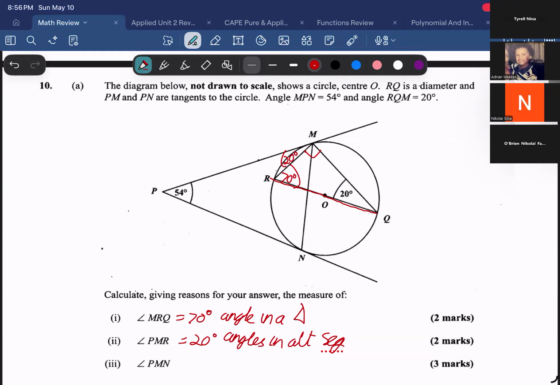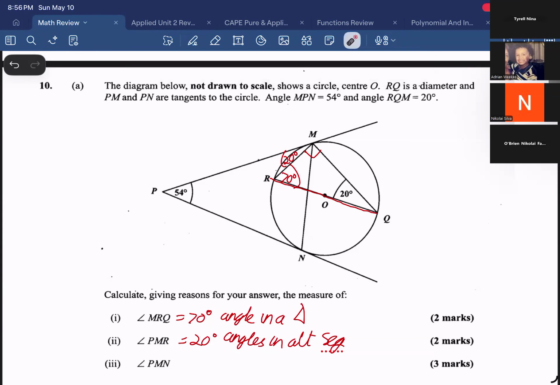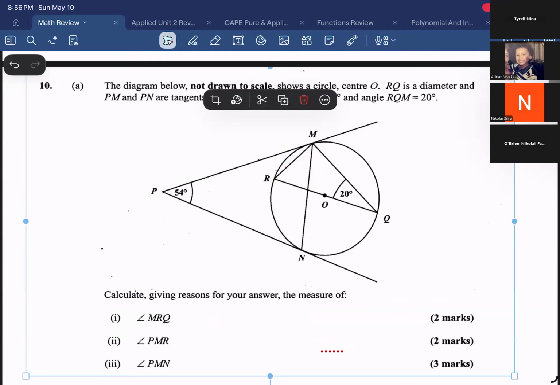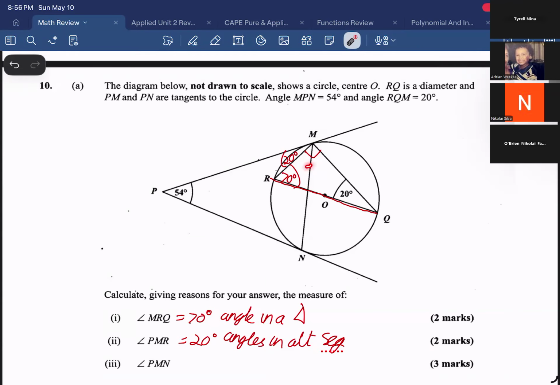Now we want PMN. So we're trying to get this little piece of angle here, because PMN is this whole thing here.